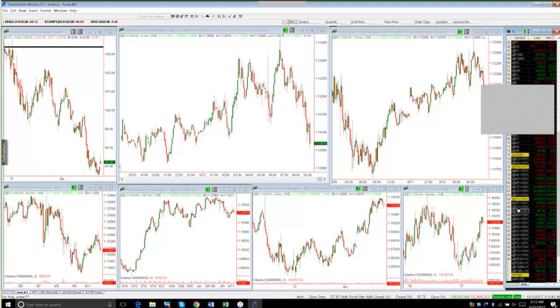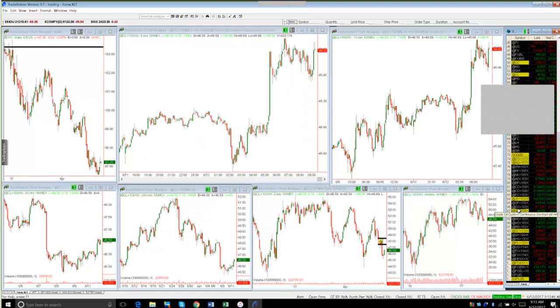Also with that dollar demand, if the dollar comes down, it's likely to go higher. So we want to look for a possible shorting opportunity in oil, which I really like.